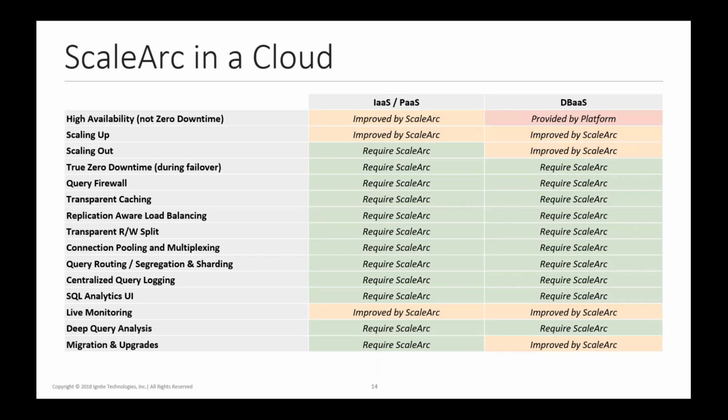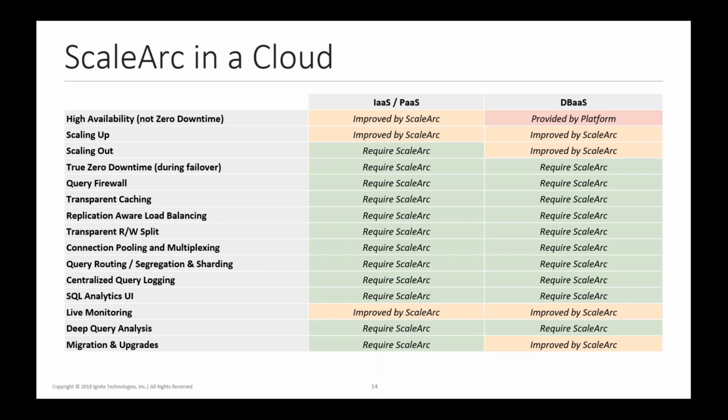Some of the features perhaps are promised by the cloud, such as high availability or the ability to scale up. And yes, those features are available in the cloud, but unfortunately, the high availability of a cloud does not guarantee you zero downtime. The ability to scale up, again, brings downtime to the equation. So all of those aspects can benefit from ScaleArc again.